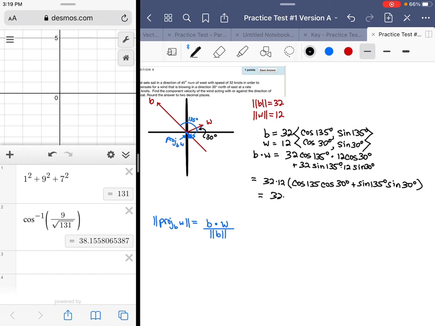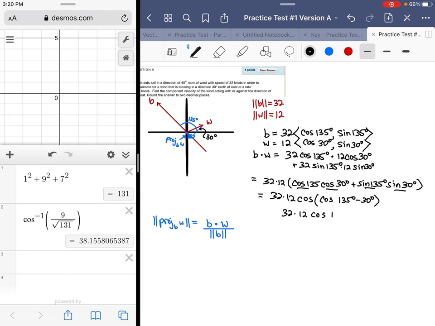All right, so I'm still going to leave this as 32 times 12 cosine. This is the difference identity for cosine. So cosine 135 minus 30. So 32 times 12, we could actually figure out based off of what we have here, but since we got to go into decimal form anyway, we might as well come up with a simpler thing to type into Desmos.